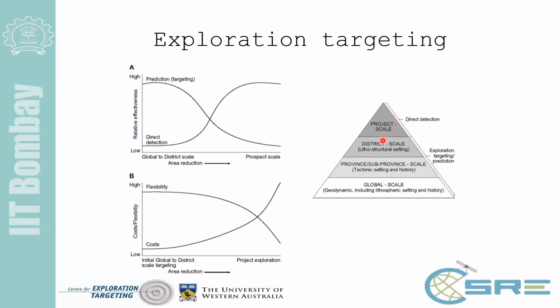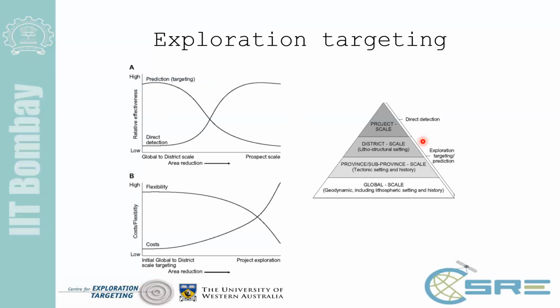So again, coming back to this triangle, what we find is that we are typically here at the district to the camp scale. That's where we are looking at the processes, which include the sources of the metals, the pathways for the metals, the traps of the metal, all three components become important.